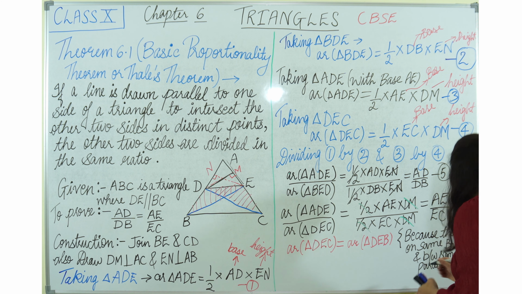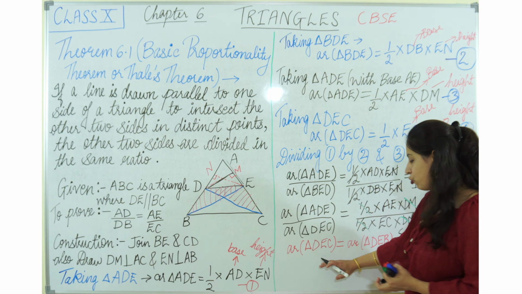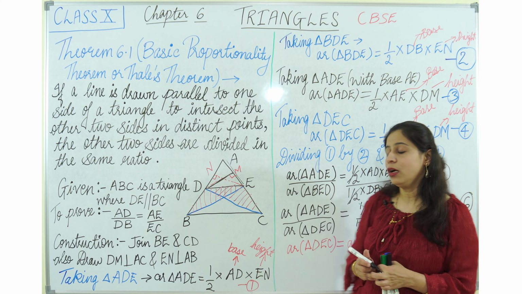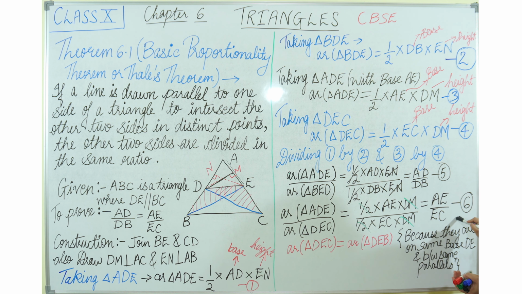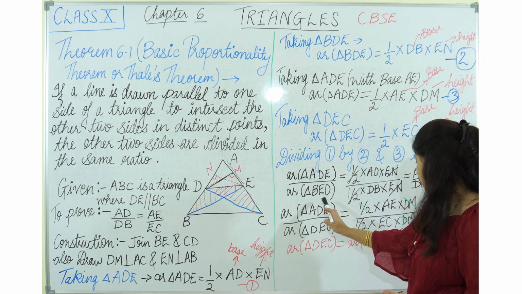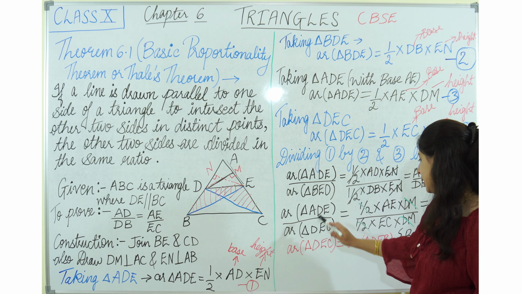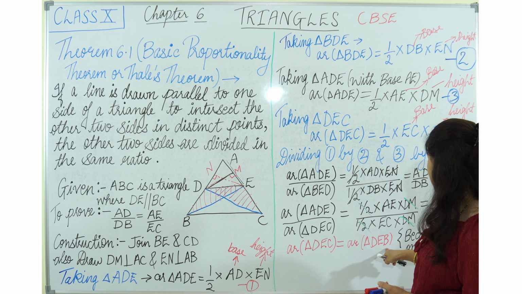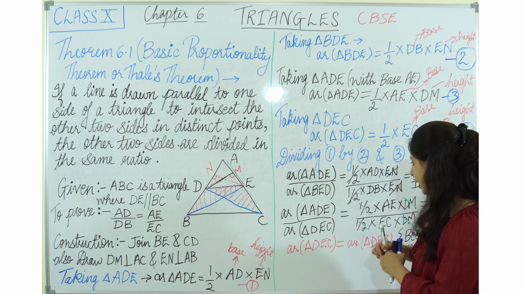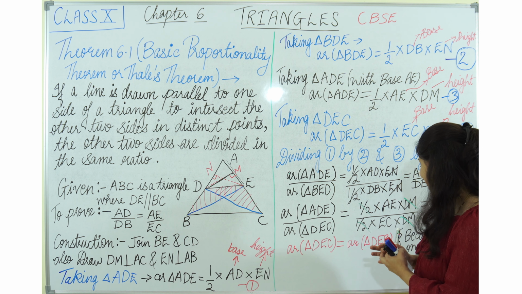Okay, so this is the reason why both the areas of the triangles are equal. Now we can clearly see that in the equations 5 and 6, area of triangle DEC is equal to area of triangle DEB or BED. Okay, you can write any of the thing.